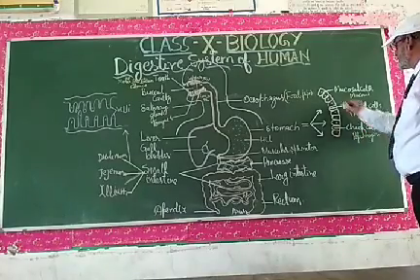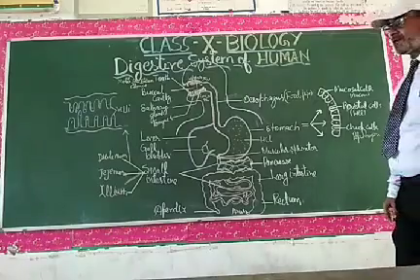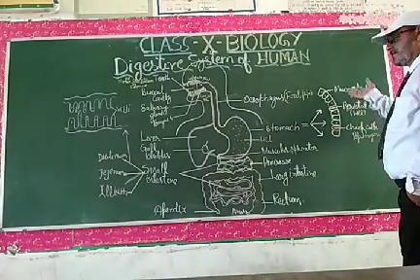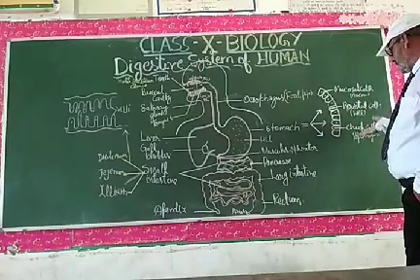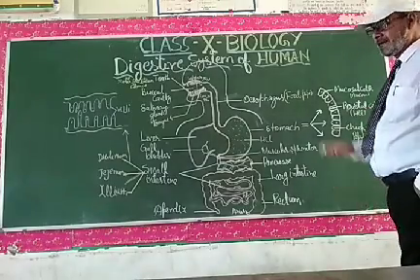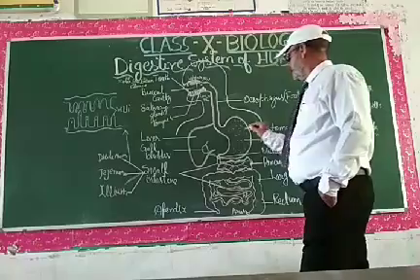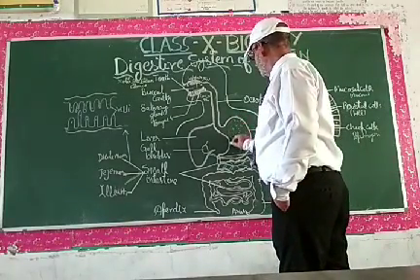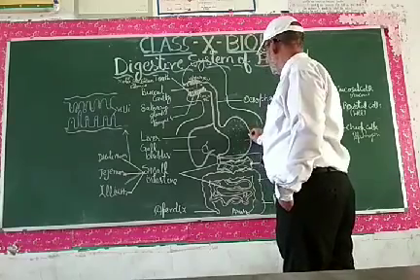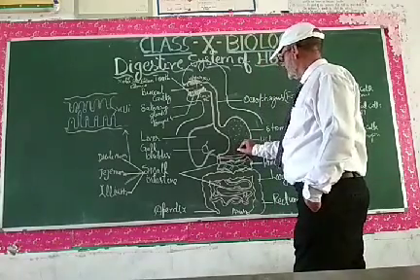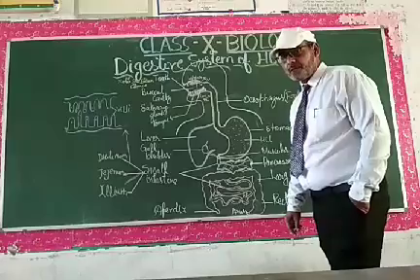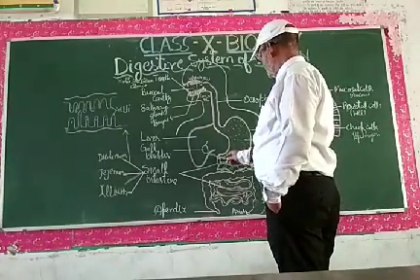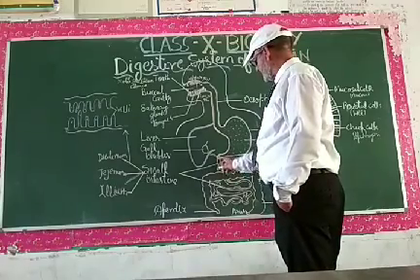So as far as the function of these cells is concerned, you have to see the different types of cells and their functions. Mucosal cells secrete mucus, parietal cells HCl, and chief cells pepsinogen. The food stays inside the stomach for 3 to 4 hours, where it gets mixed, crushed and partially digested. Later on, the next structure is the small intestine.